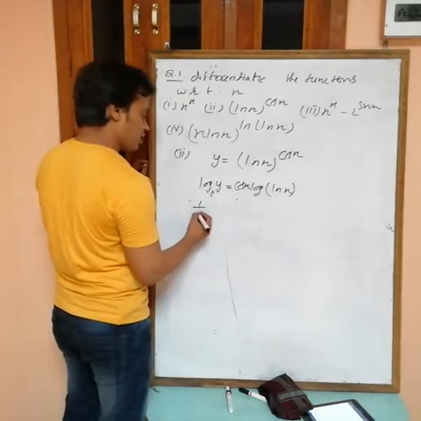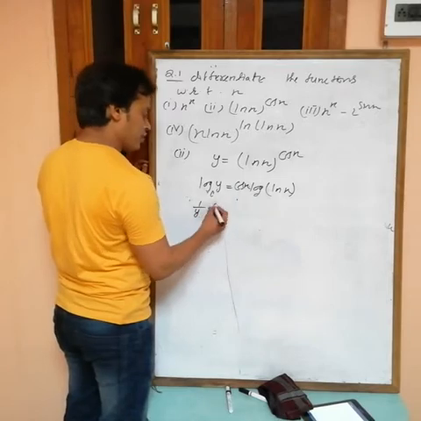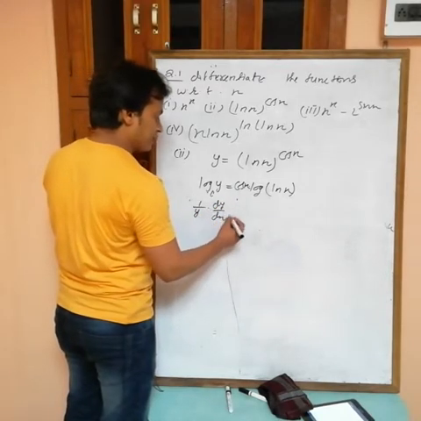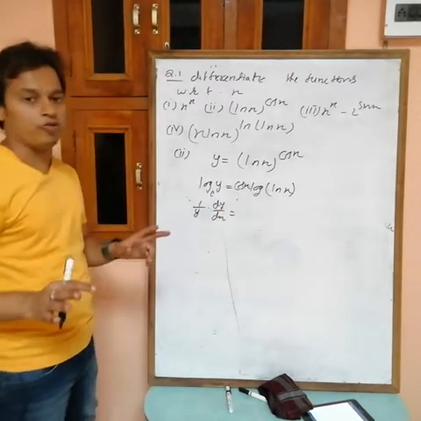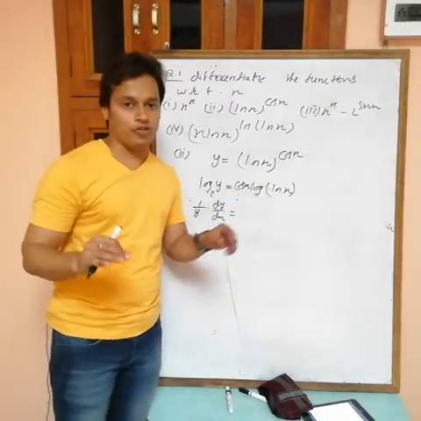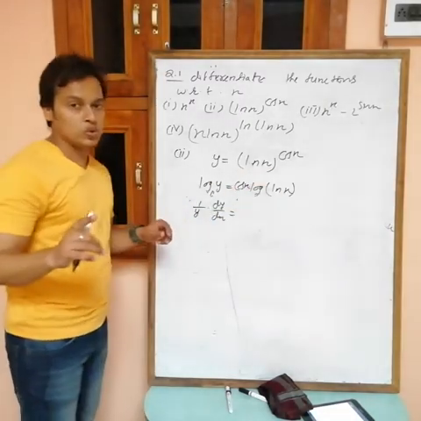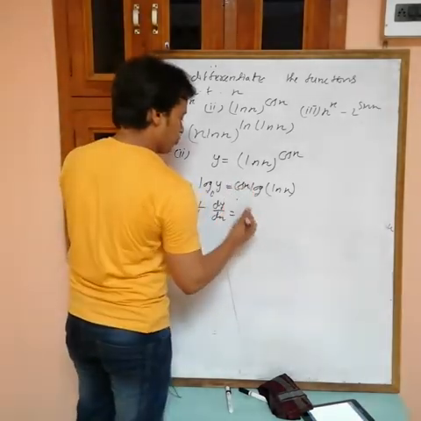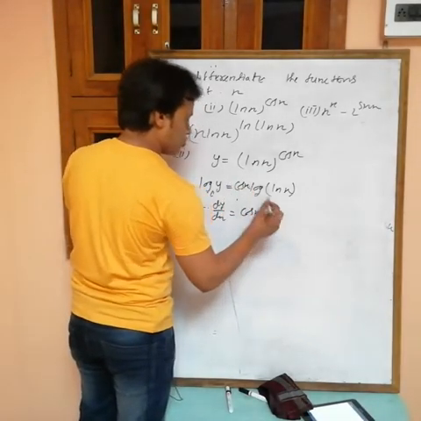Differentiation of log y is 1 by y into the derivative of y, dy by dx. Now this is the product of two functions, cos x into log of ln x. So we have to use the product rule. First I am assuming cos x as constant.